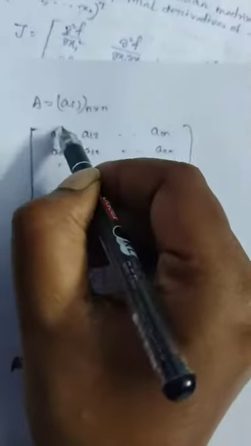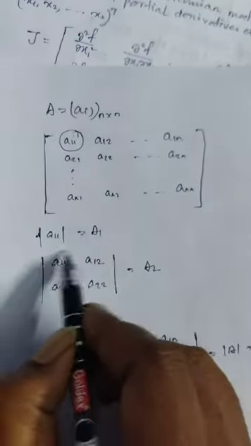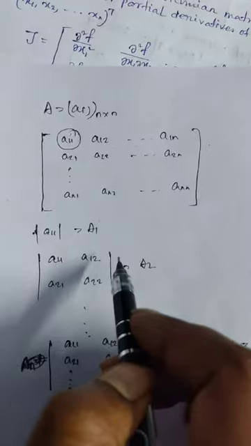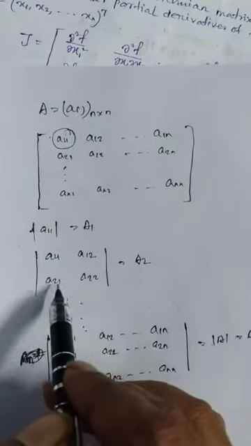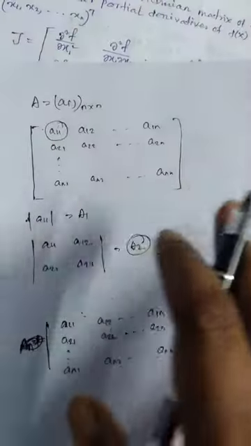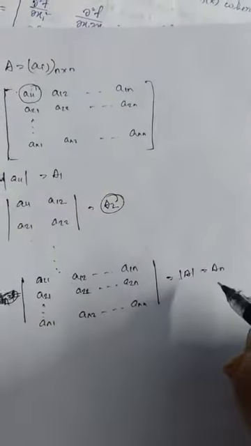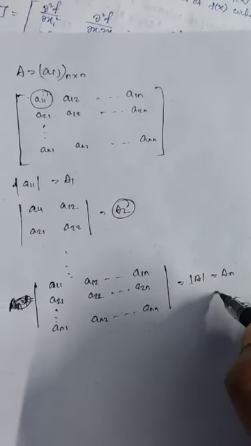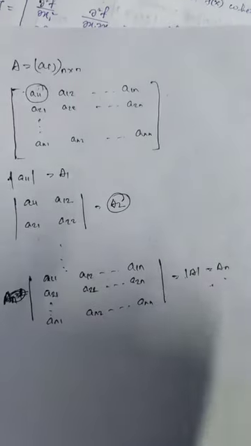The first one is a1, that is a11. Next, the second order principal minor, that is the determinant of a11, a12, a21, a22, and this is defined by a2. And at last, the total n cross n matrix gives the principal minor of the matrix A, which is defined by an.